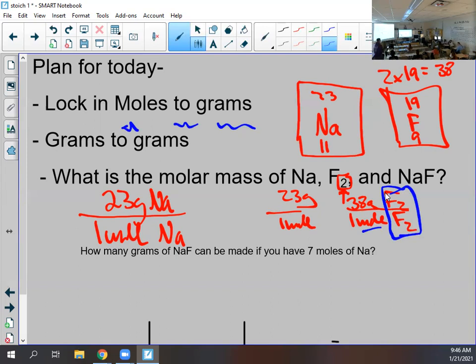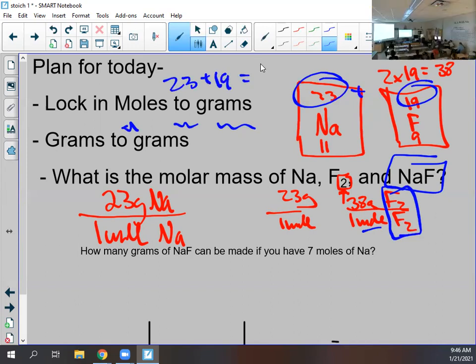Yes, they are. Okay, so if I were to find the molar mass of NaF, Na plus F, 23 plus 19 equals, tell your partner. I didn't hear the right answer yet.